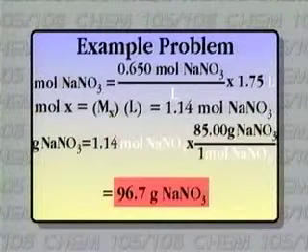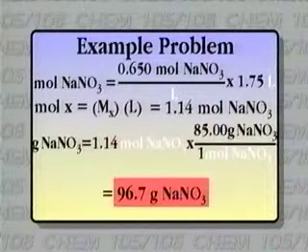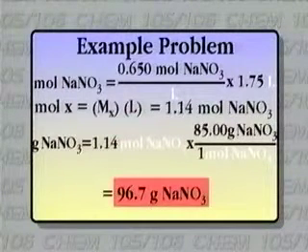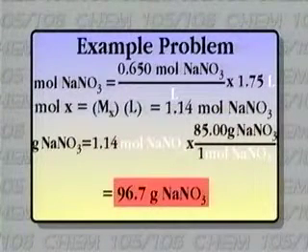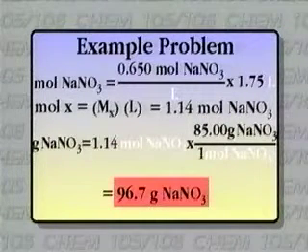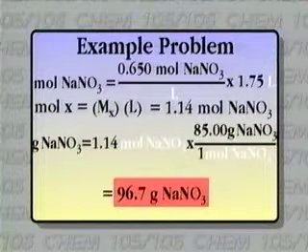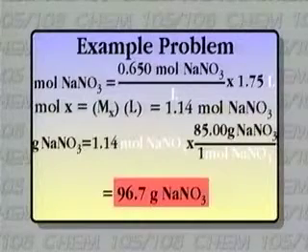Now, let me just mention that if, in fact, you stepwise wrote down the 1.14 and then did this and calculated, your answer probably comes out to be 96.8. The answer 96.7 that I obtained was because I just kept the answer for the first step on the calculator. I then plugged in this second number and then recorded the final answer in the correct number of significant figures. I mentioned this before and I mention it again.